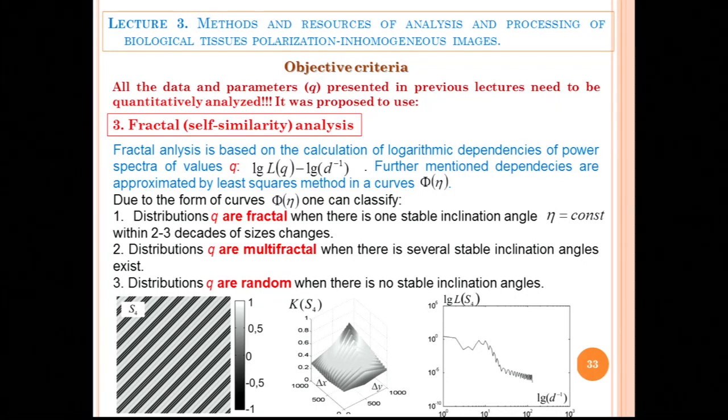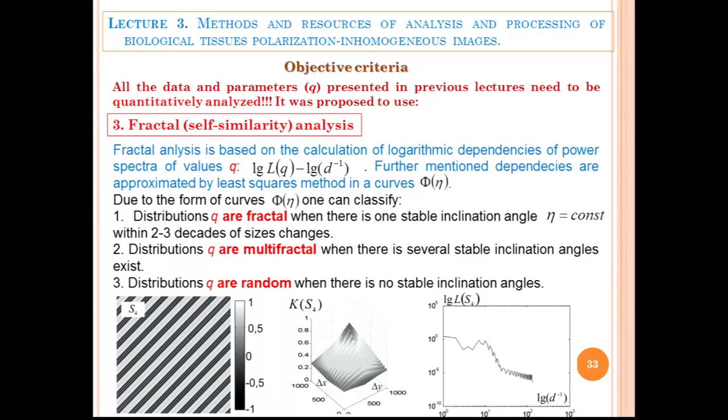Due to the form of these curves, this one, it isn't shown here, but this one is the approximation curve. So the distributions are fractal when only one stable inclination angle exists within 2-3 decades of size changes. Distributions are multifractal when there are several stable inclination angles.